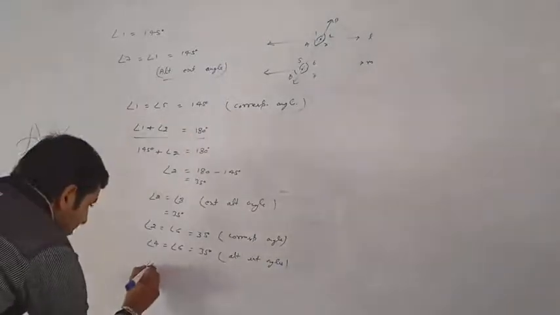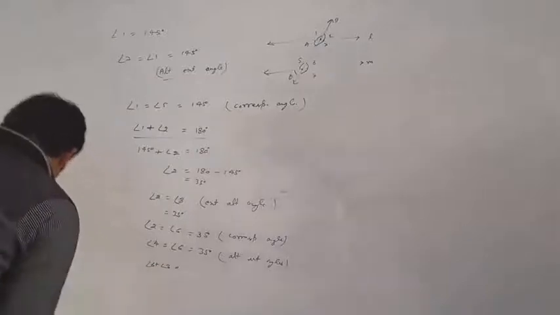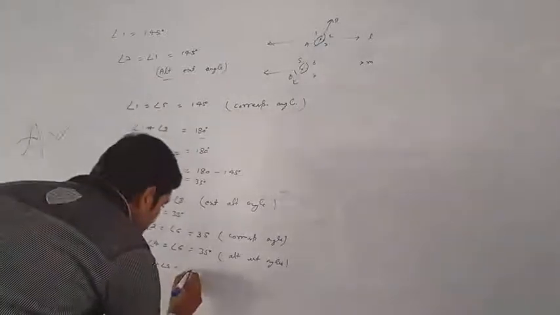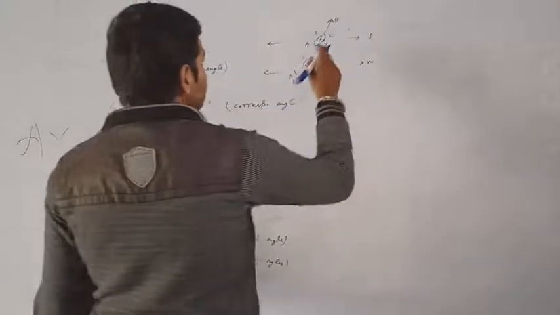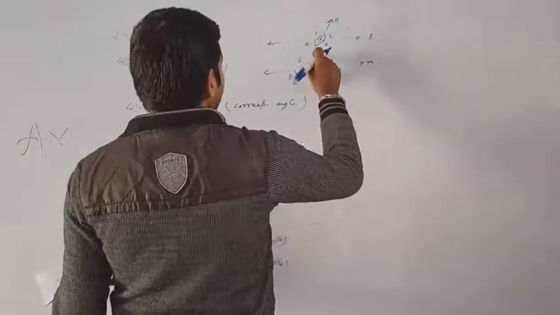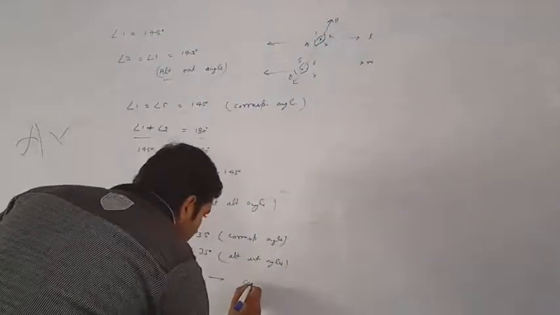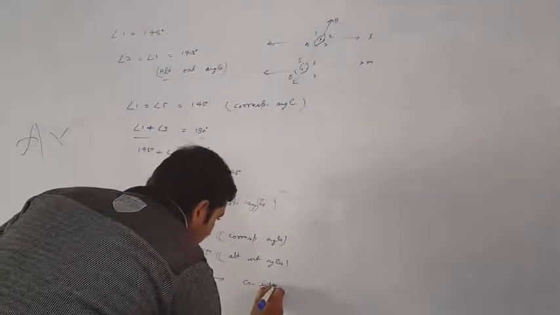And angle 6 plus angle 3 is equal to 180 degrees because of co-interior angles.